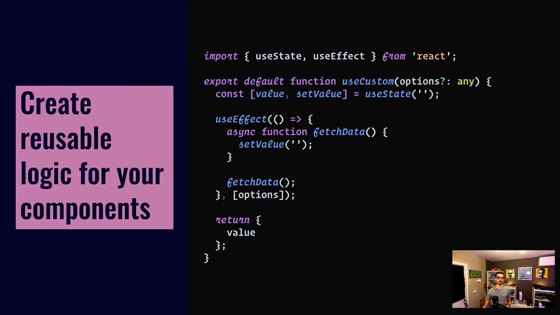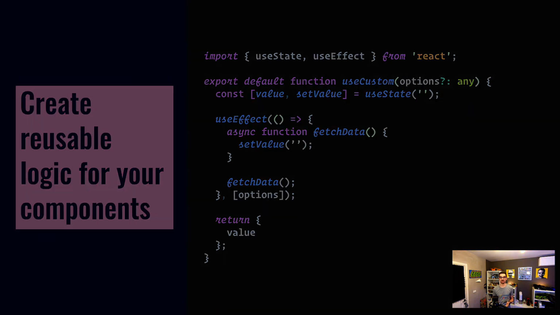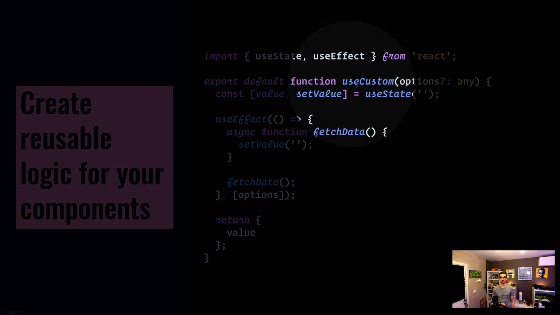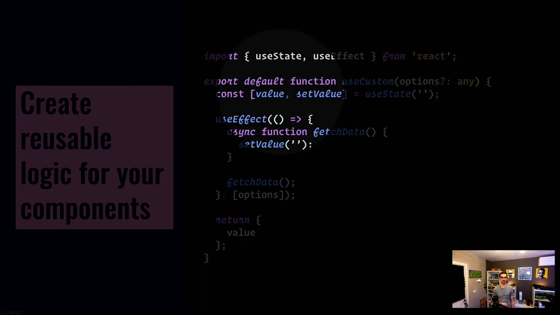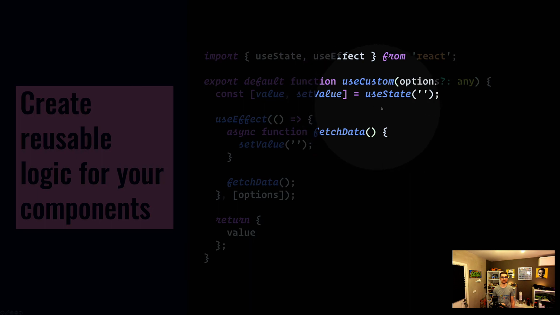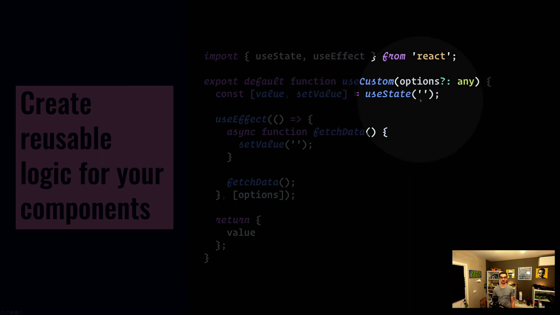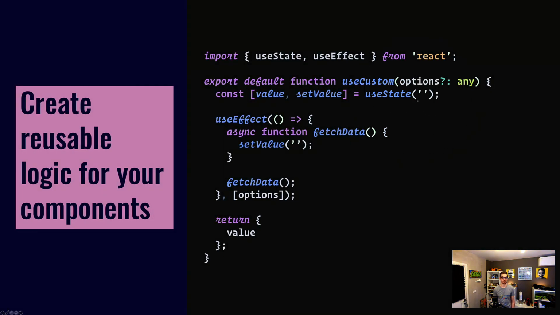So a custom hook is actually nothing more than a function, and that's what you see here: use custom. You just give it a name and it can use a state. So here I initialize a value with a state for updating the value, and I initialize the state with an empty string.